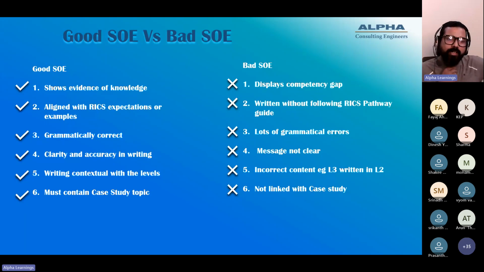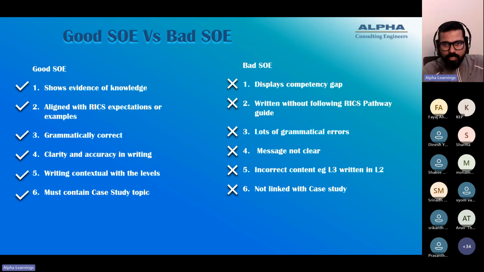Now, writing contextual with the levels. This is important. Writing contextual with the levels means when you are writing level 1, you must write what you know about that competency. Level 1 is only about knowing. You should not be writing level 2 in level 1. Sometimes candidates write level 2 in level 1. In level 1, they start explaining what they are doing in the project.